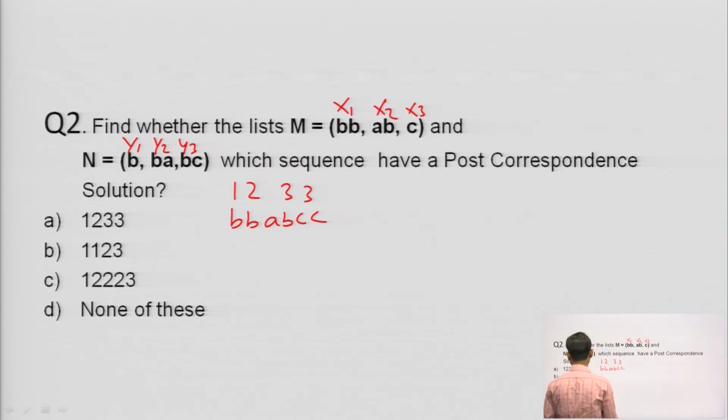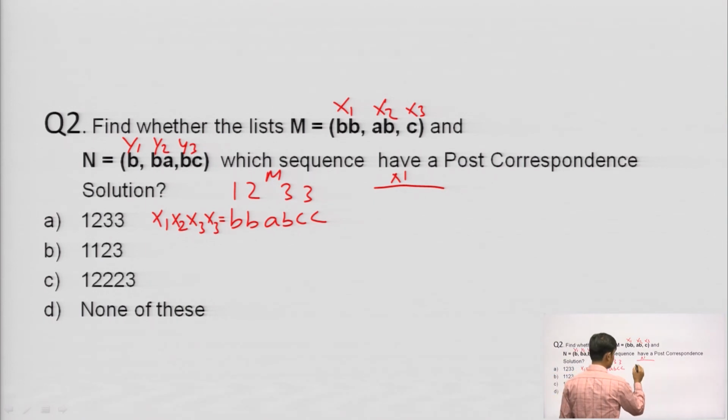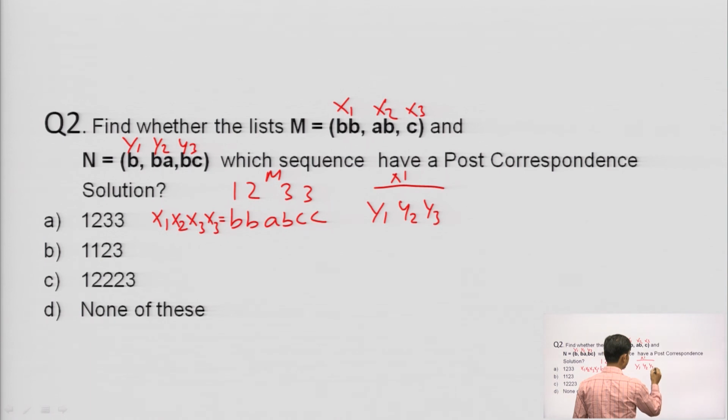So this is the x part, this is M, and for N you check the y part. This is x1 x2 x3 x3 and this is y1 y2 y3 y3.